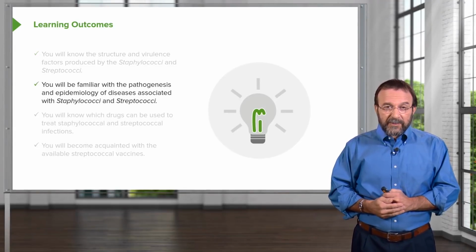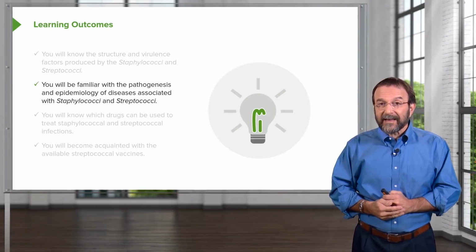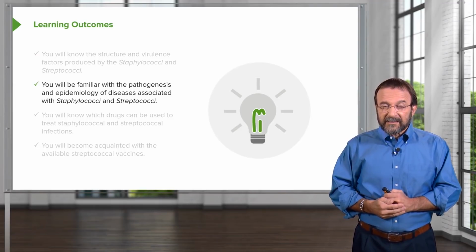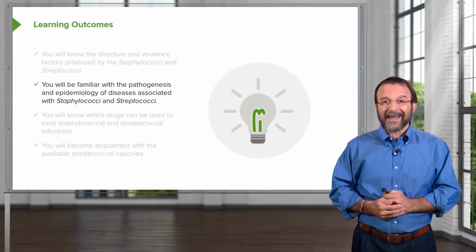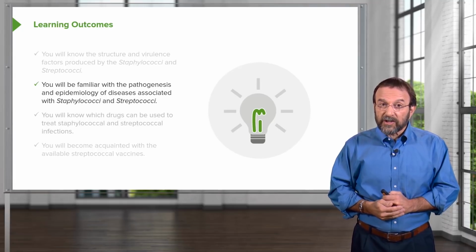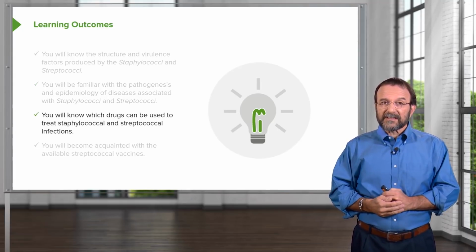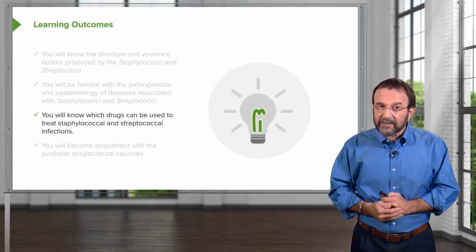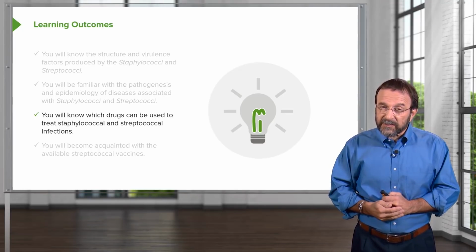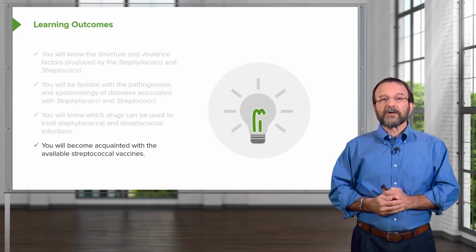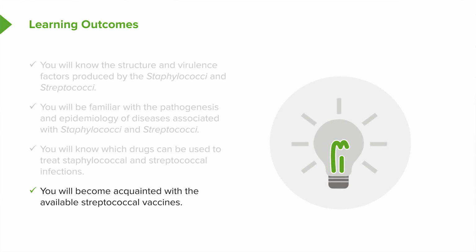You'll be familiar with the pathogenesis and the epidemiology of diseases associated with Staphylococci and Streptococci. You should know which drugs can be used to treat staphylococcal and streptococcal infections and the problems associated with treatment, and you should become acquainted with the available streptococcal vaccines.